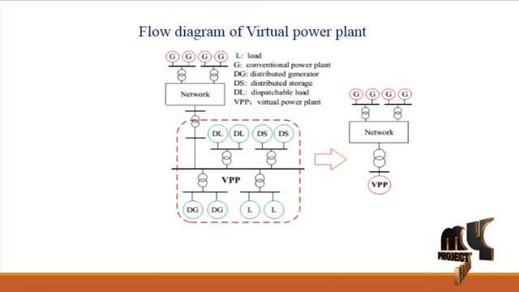Next one, virtual power plant. It is a system that integrates several types of power sources such as solar, wind, and so on. The sources are often a cluster of distributed generator systems and are often controlled by a central authority. In competitive electricity markets, a virtual power plant acts as a diverse energy trading floor.